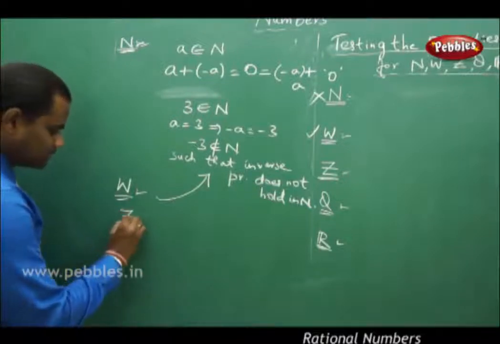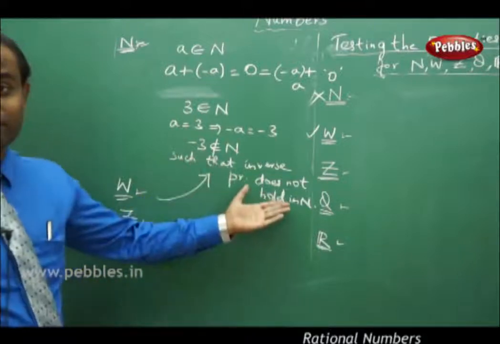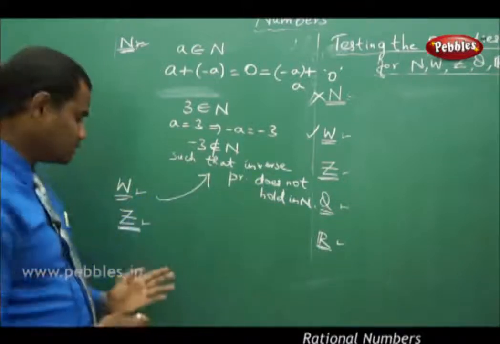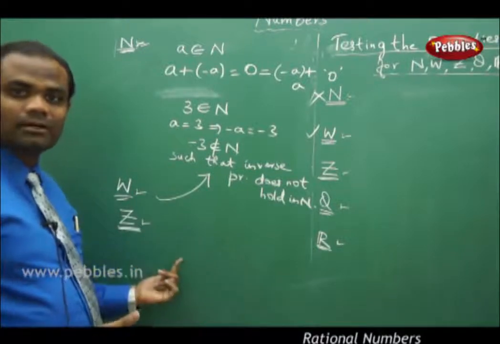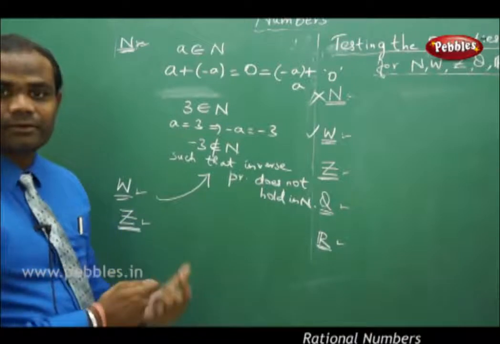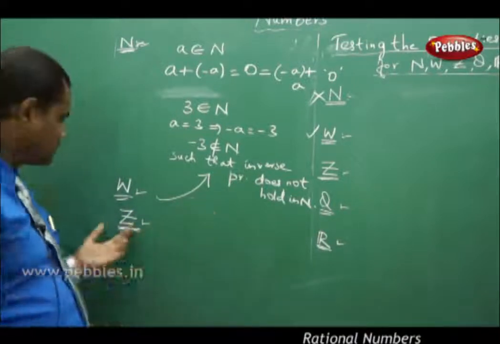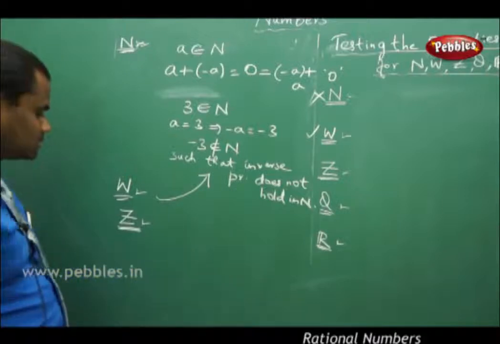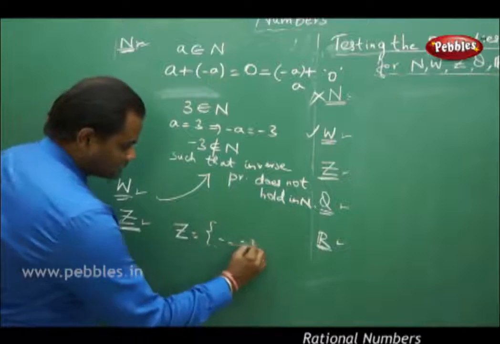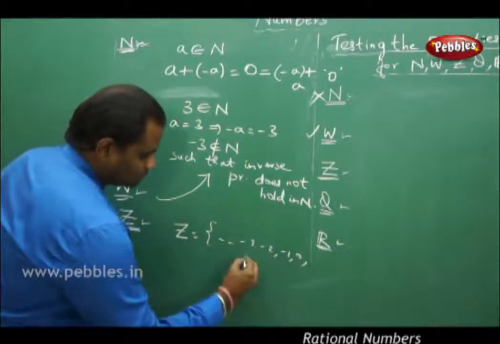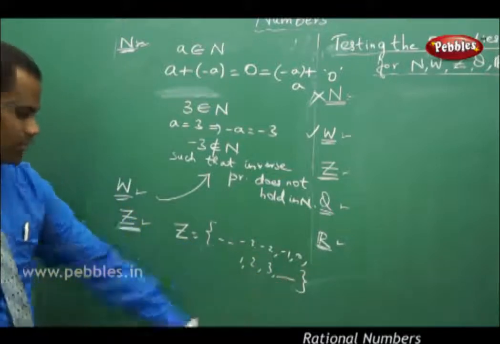But the integers do satisfy the existence of inverse, because you have in integers both the negative numbers and the positive numbers. Therefore, you take any negative number and find its additive inverse, you get a positive number, and any positive number, find its additive inverse, you get a negative number. So it satisfies for all Z. So Z is nothing but the set of all integers.